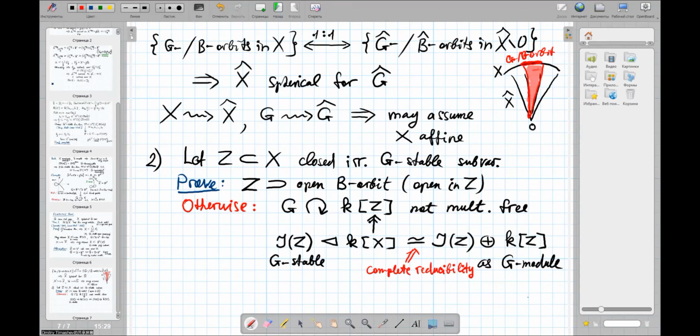Okay. Now, since K of Z is not multiplicity free, we see that the coordinate algebra of X is also not multiplicity free, because it contains K of Z as a direct summand. So let me write this explicitly. We get that the representation of G in K of X is not multiplicity free.